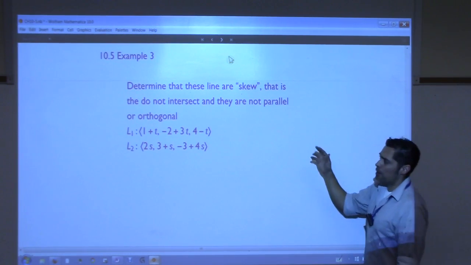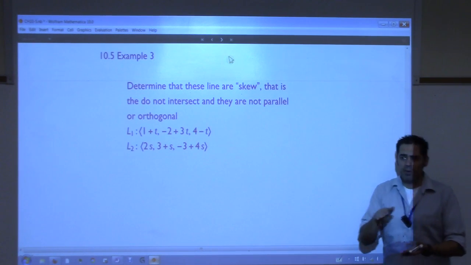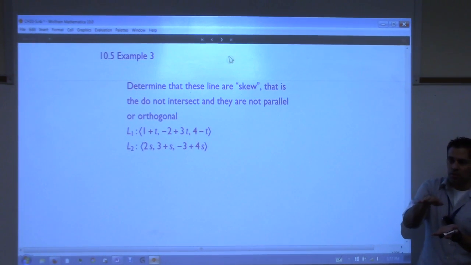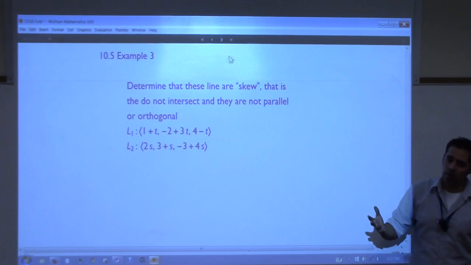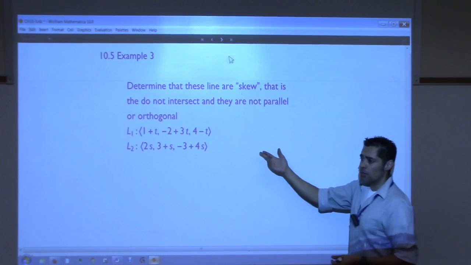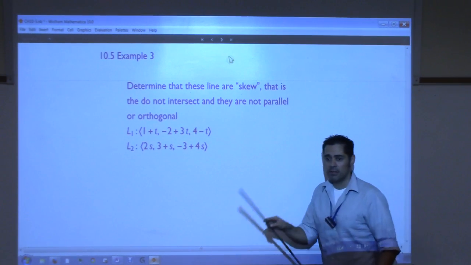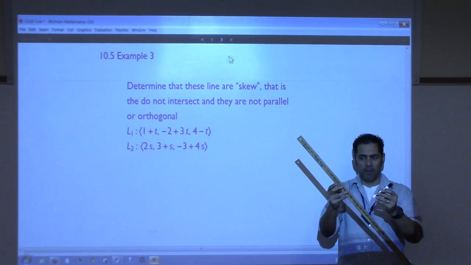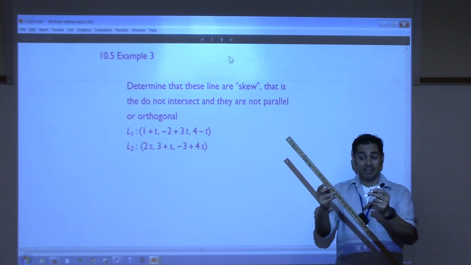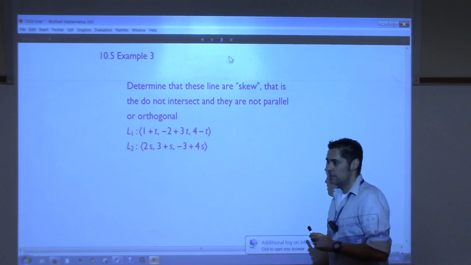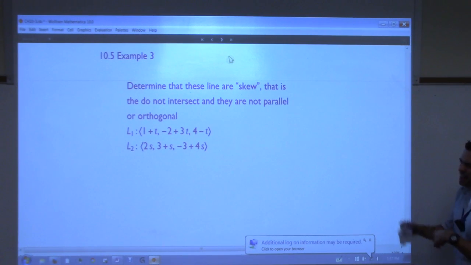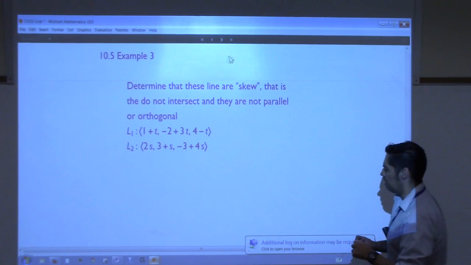Because if they're parallel, they should point in the same direction, or their direction vectors should be scalar multiples. If they're orthogonal, then their direction should be what? Perpendicular, which means that the dot product should be 0. And then intersecting, we'll get to that in a second.